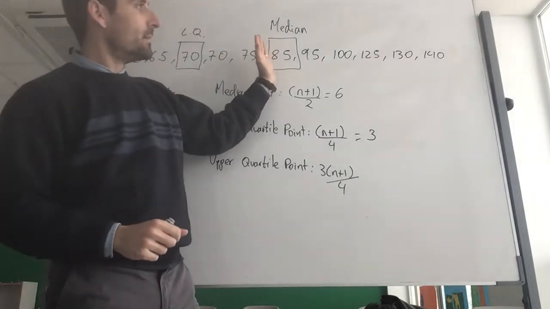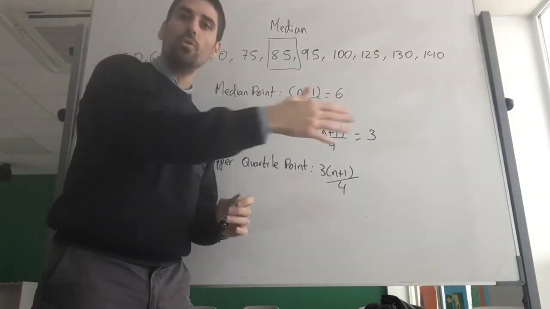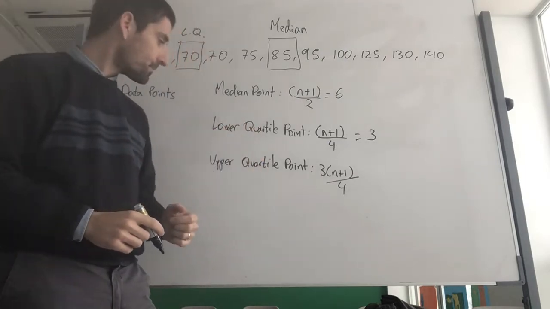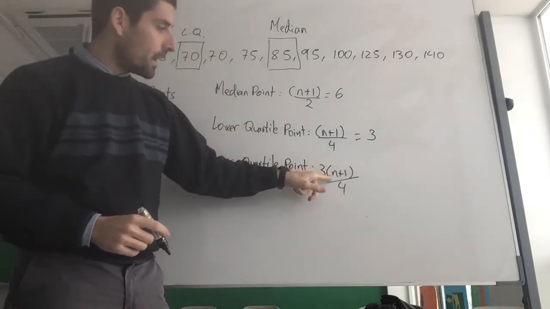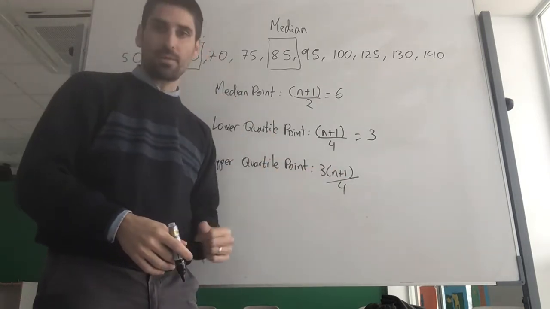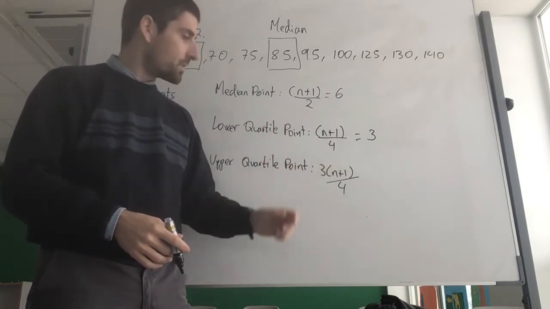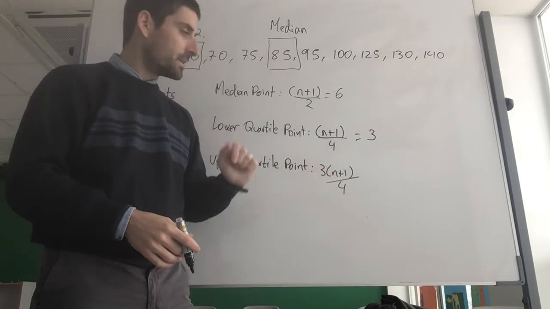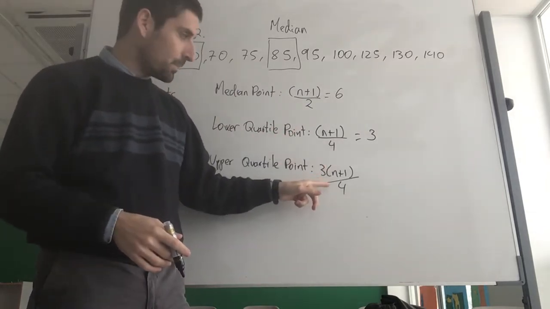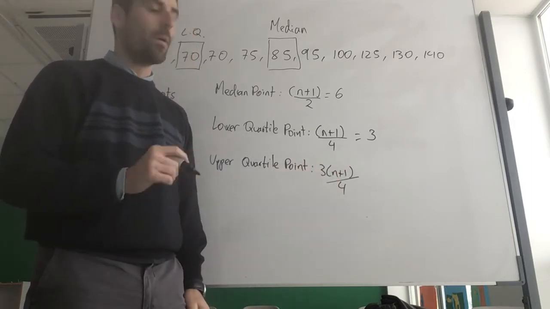I'm going to take the upper half of my data and split it in 2 as well. To find the upper quartile point, I do n plus 1, so the total number of data points, 11, plus 1 is 12. 12 divided by 4 is 3. 3 times 3 is 9. Or if you prefer, 3 multiplied by 11 plus 1, divided by 4.